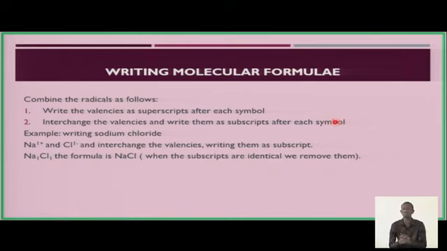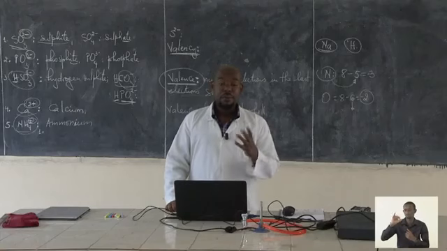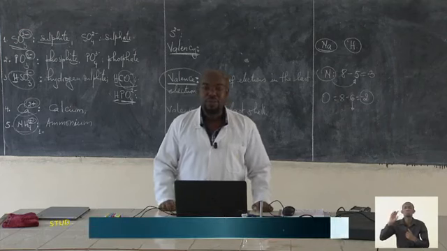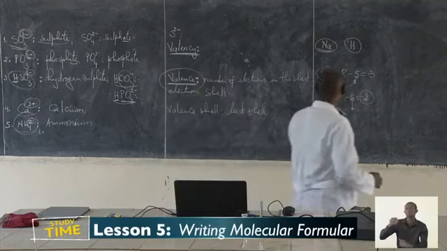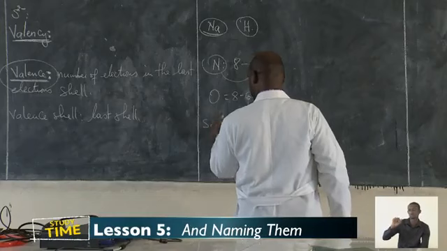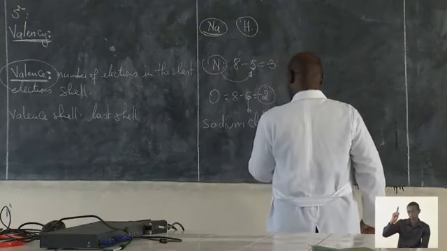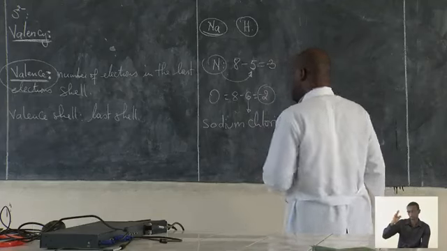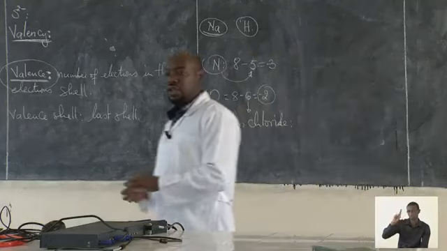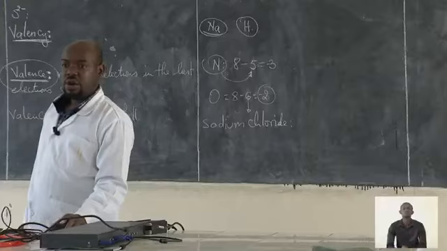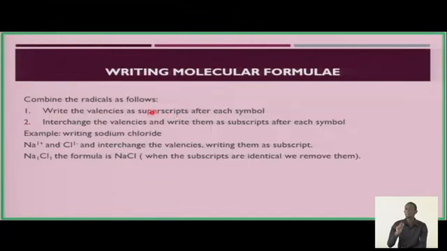We know the compound we call sodium chloride, the table salt. How do we write the molecular formula of table salt, sodium chloride? On point number 1, it is said we write the valences as superscripts after each symbol.